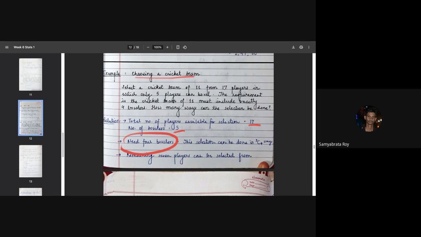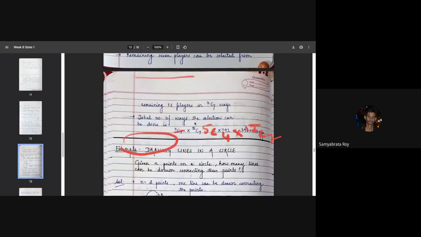So we need to choose 4 bowlers from 5. How many players are remaining then? We have 12 players remaining, and from them how many do I have to choose? Can anyone tell me? 7, right?